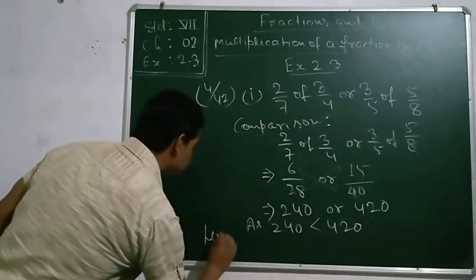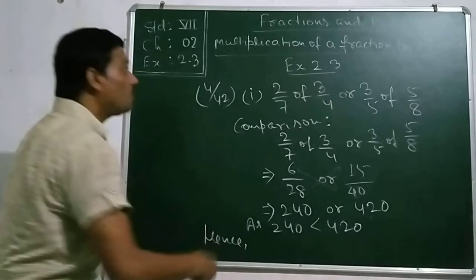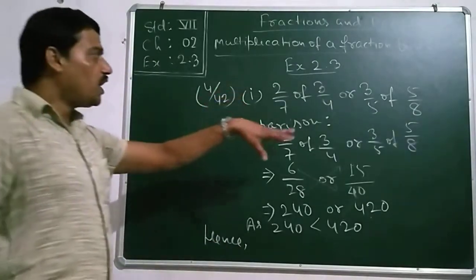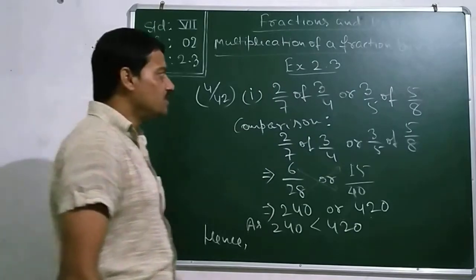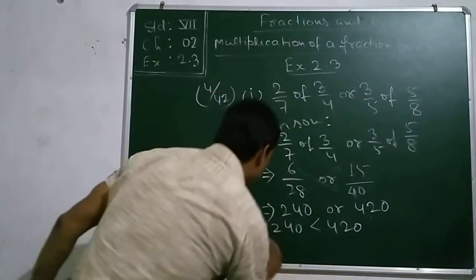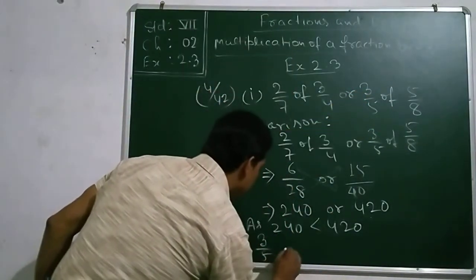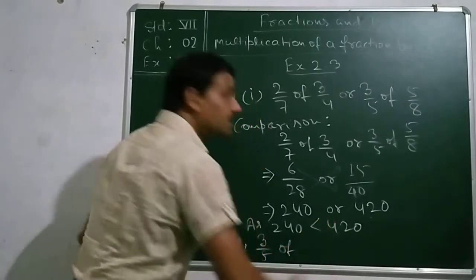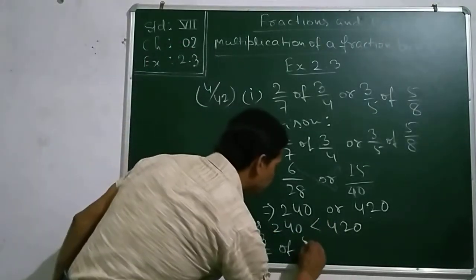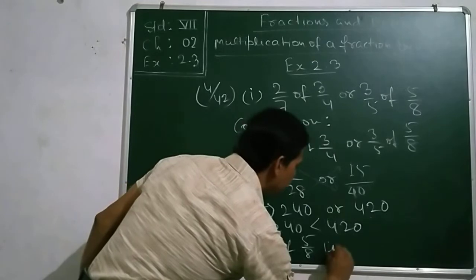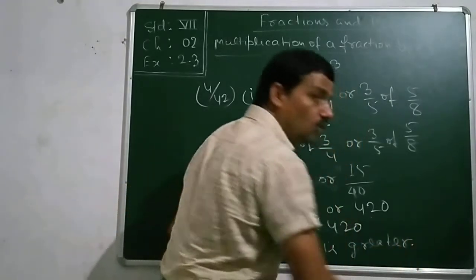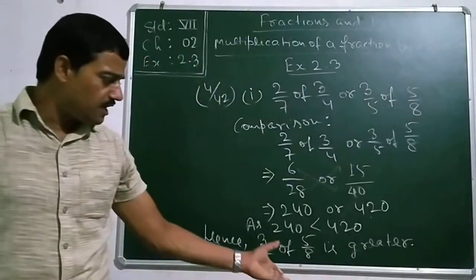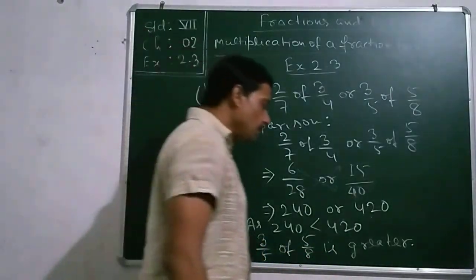Hence, now conclude that you are asked to find out which of them is greater. Of course, 3 by 5 of 5 by 8 is greater. Go for the next sum also similarly as I have shown you in this sum.